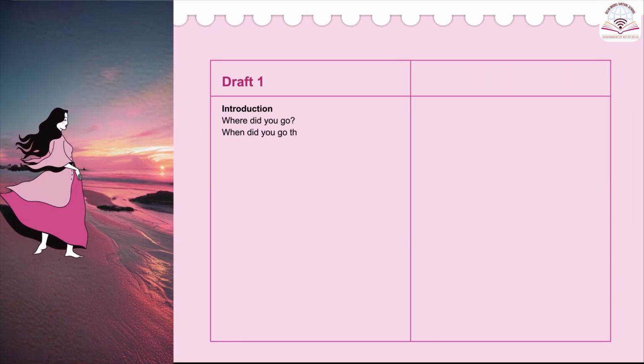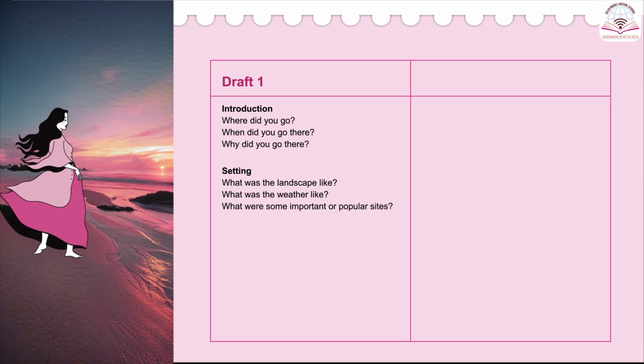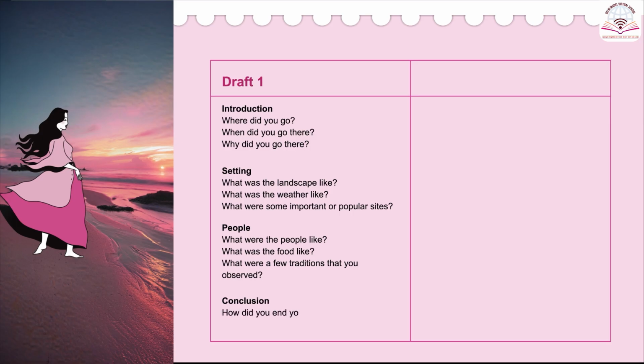Where, when and why did you go? And then we'll talk about the settings that include landscape, weather and important popular sites. And if we talk of people, we have to describe the population, their food habits and traditions they observe. And in conclusion, we'll end our trip and then you will give some tips to the readers.